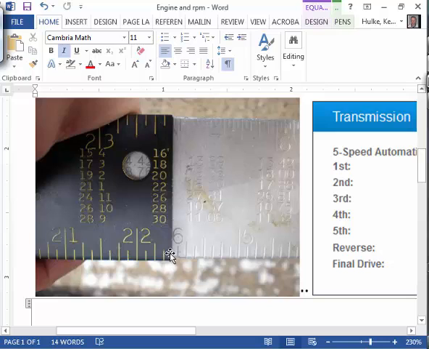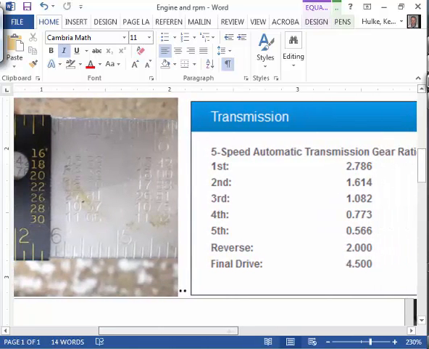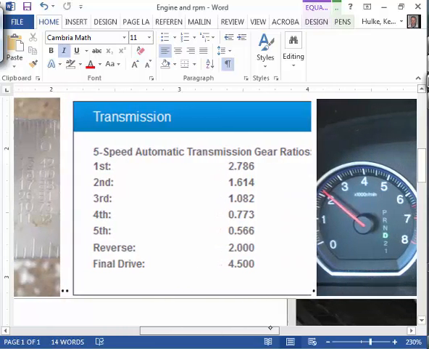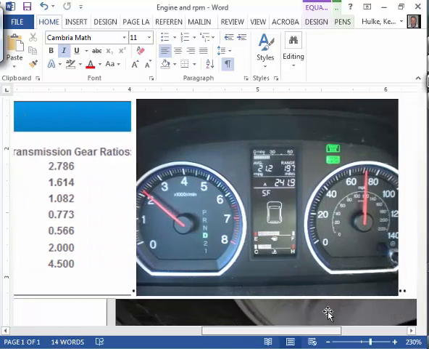The first thing you'll notice is that our wheel size is 22.5 inches from the left, and 6 inches from the right, makes 28.5 inches. You'll also notice that in 5th gear, we've got a transmission ratio of 0.566, and then the final drive ratio is 4.5. So here's where we start.